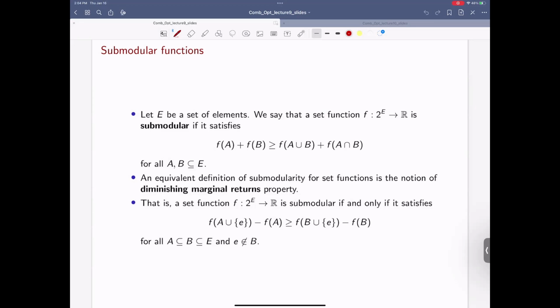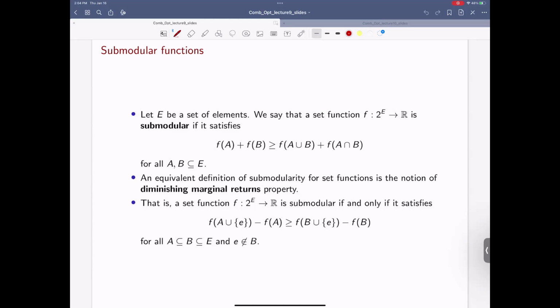We take two subsets, A and B, where A is a subset of B, so B is a larger set. Now we are taking some element that belongs to neither A nor B, so we are adding a new element to B and A.